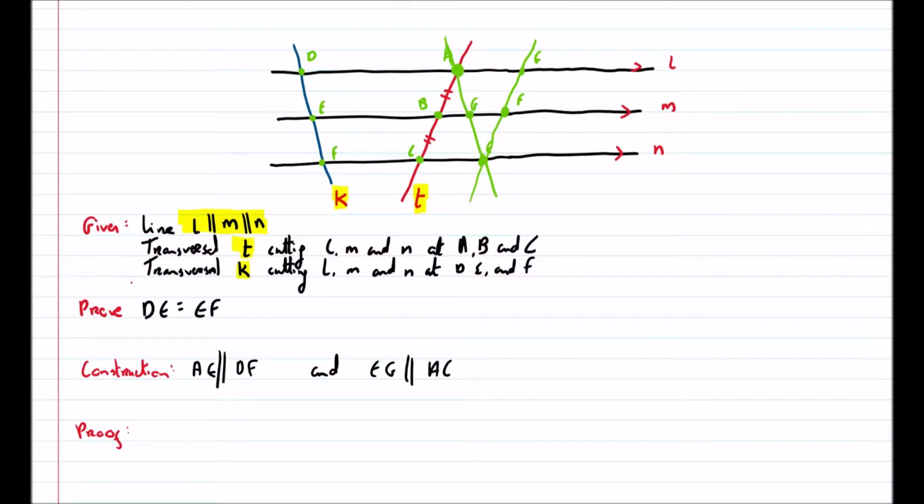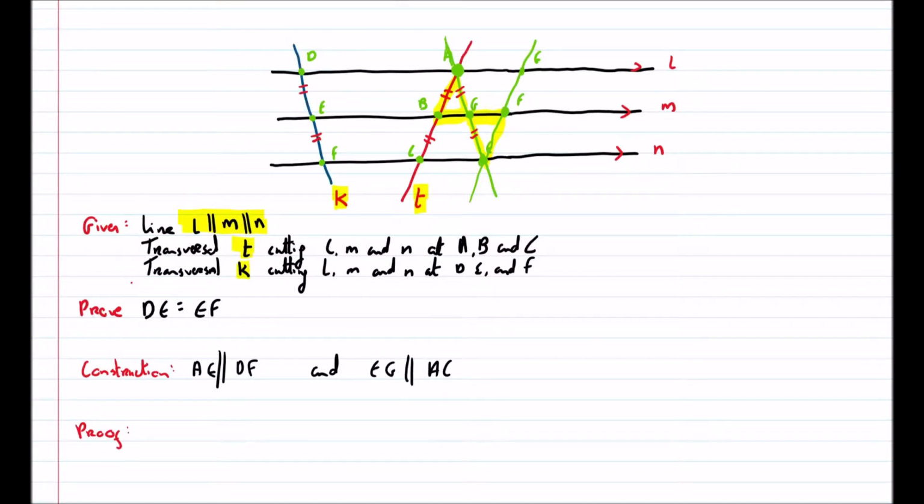Now, what do I want to prove here? Well, if I could prove that this triangle here is congruent to this triangle here, then I would show that line AG is the same length as line GE, and seeing as AG, this green line here that I drew, is parallel to this line, that would also prove that DE is the same length as EF.